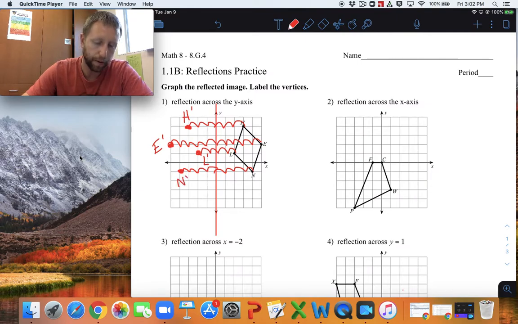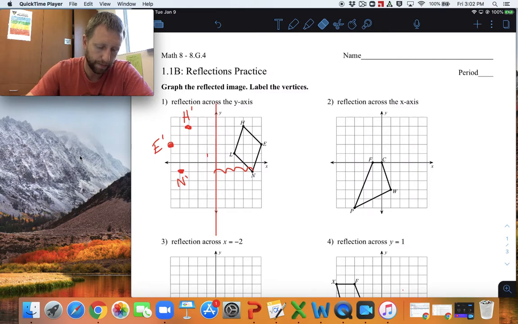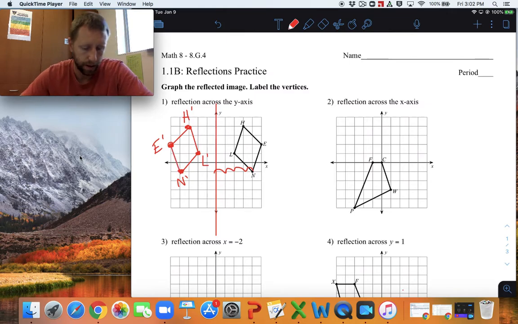I'm going to go ahead and erase my work just so you can see how we're going to connect these. Of course, I erased it. I'll just put it back on there. It's L prime. And now I can connect the points to make my new quadrilateral, and I've got my mirror image.